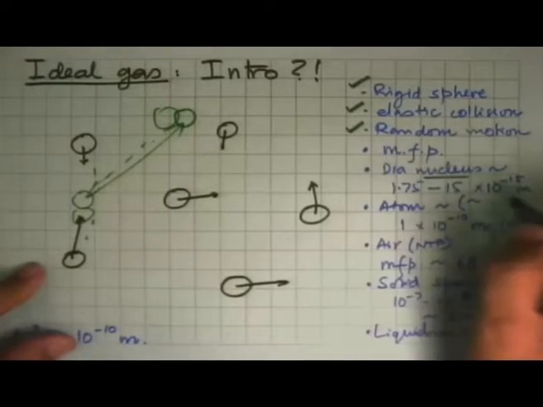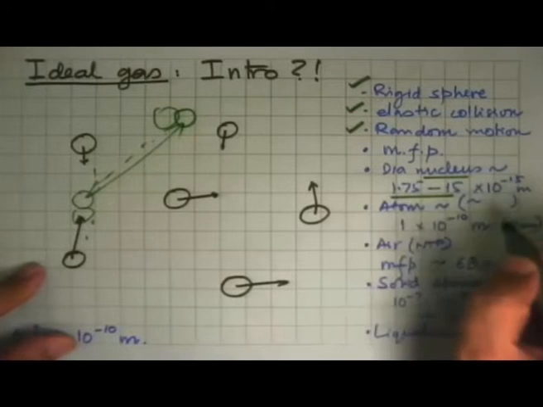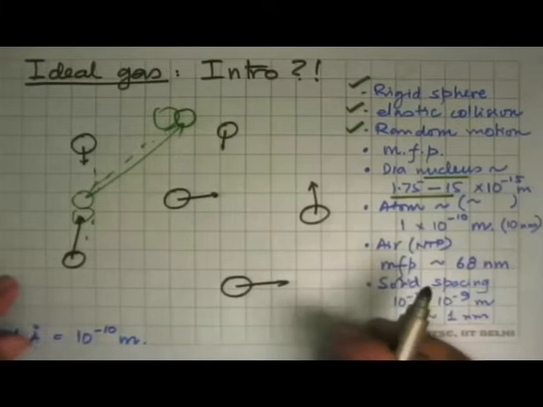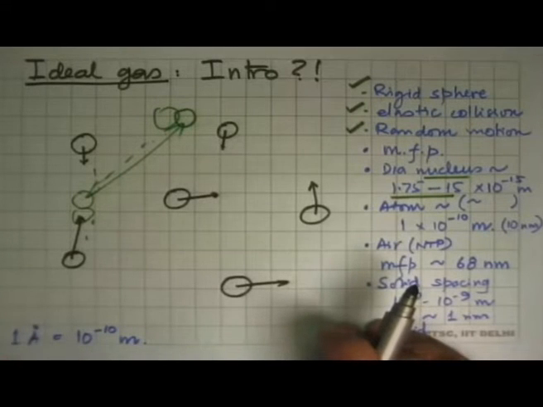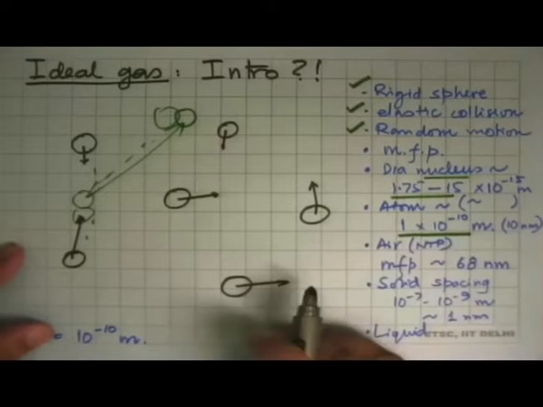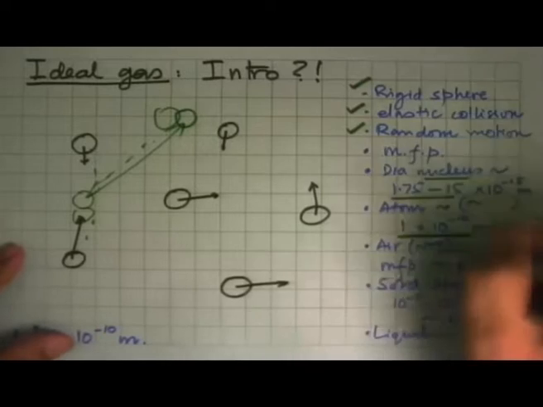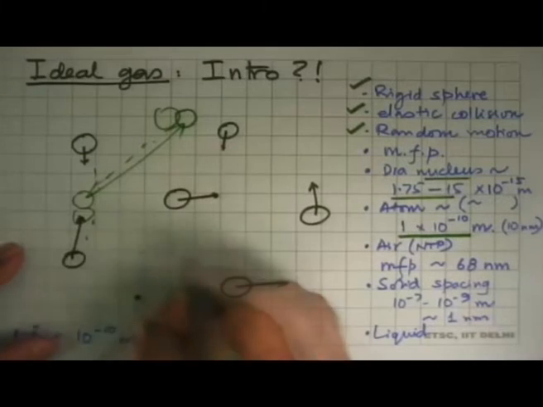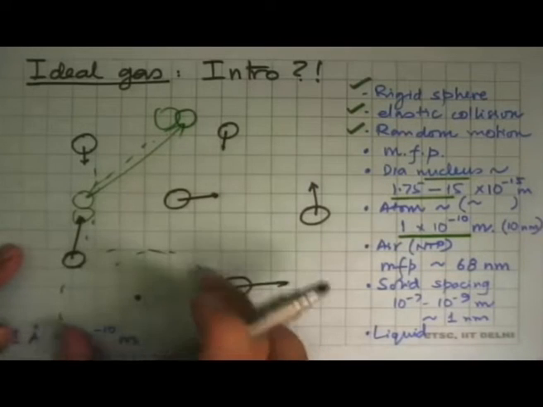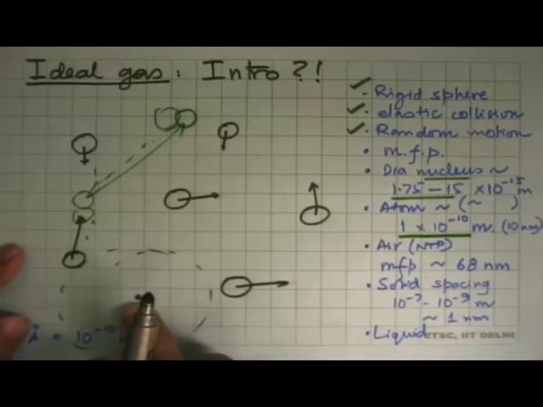Diameter of a nucleus is of the order of 1.75 to 15, depending on the size of the nucleus, into 10 to the power minus 15 meters. The diameter of the molecule itself, including the electron cloud, is of the order of 10 to the power 10 meters, which means that if this is the nucleus, the electron cloud occupies a space whose diameter is 10,000 times the diameter of this.